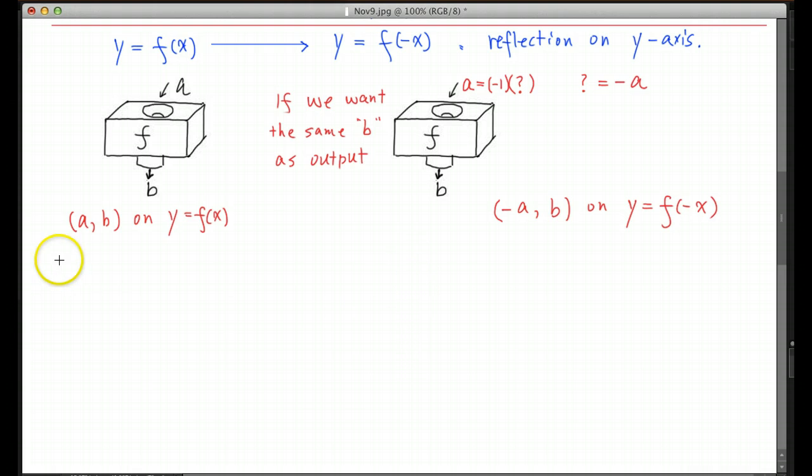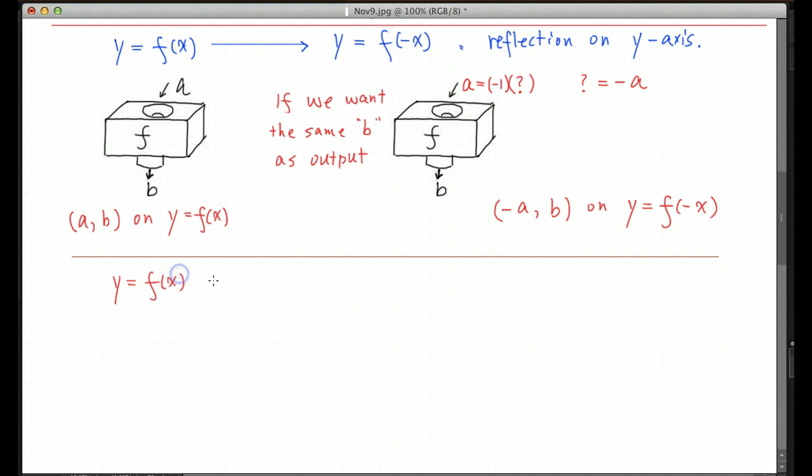By the way, we can look at the original one, the previous one, y equals f(x), transformed into y equals -f(x). This is really equivalent to, if you multiply by -1 on both sides, -y equals f(x).